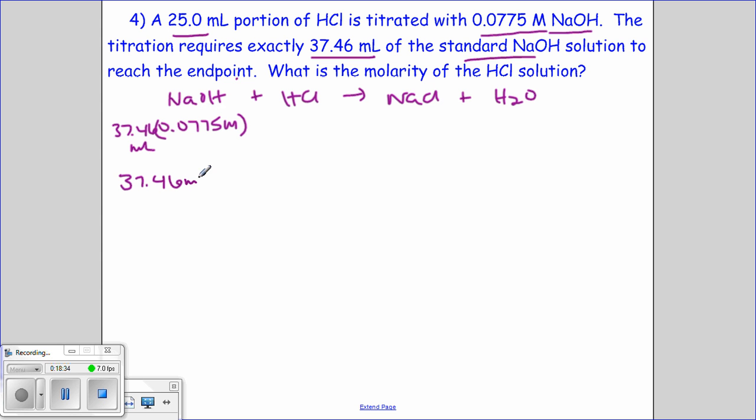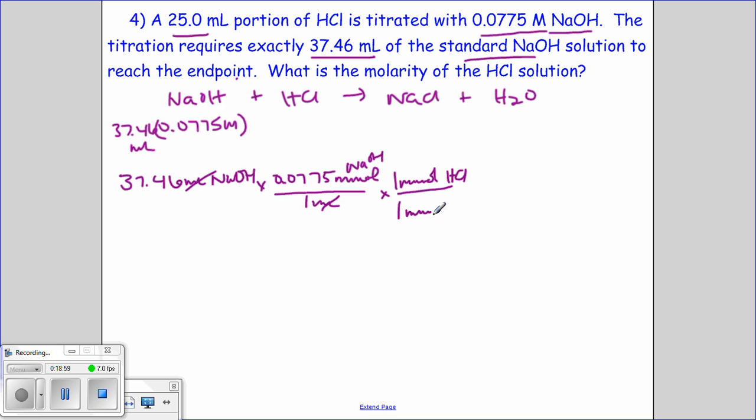37.46 milliliters of NaOH is used, and the molarity is 0.0775 millimoles of NaOH over 1 milliliter of NaOH. The milliliters cancel out. This is a 1-to-1 mole ratio, so 1 millimole of HCl per 1 millimole of NaOH.